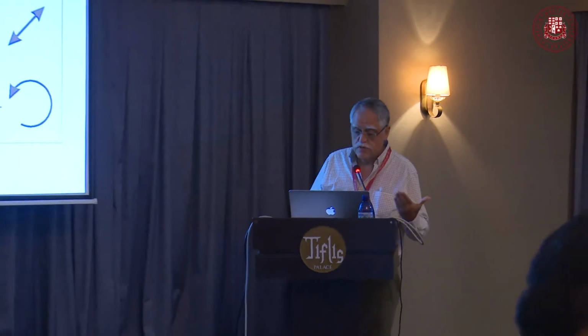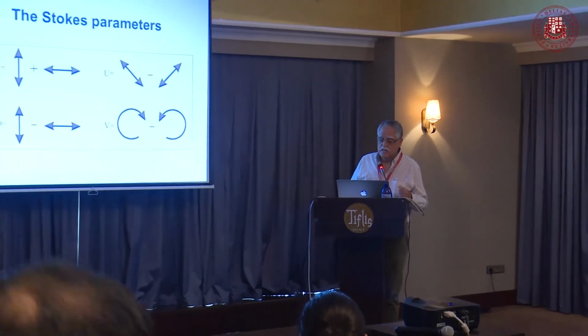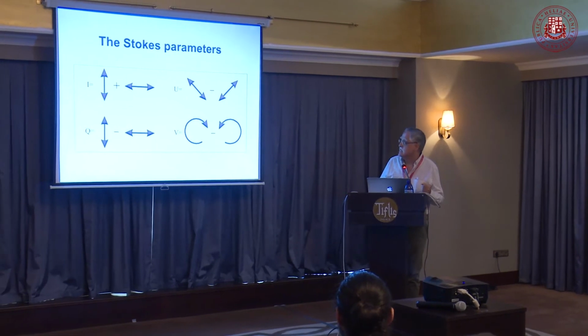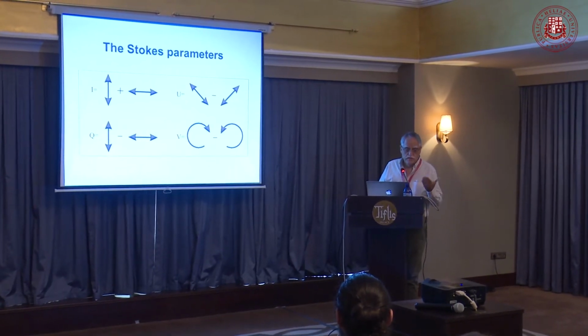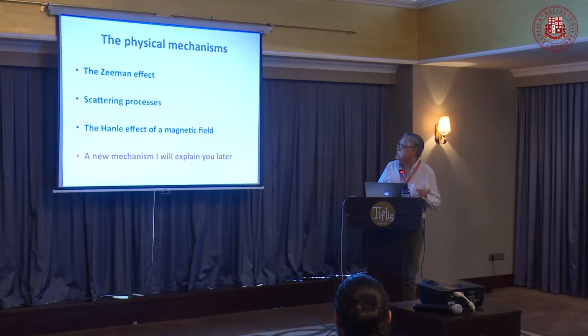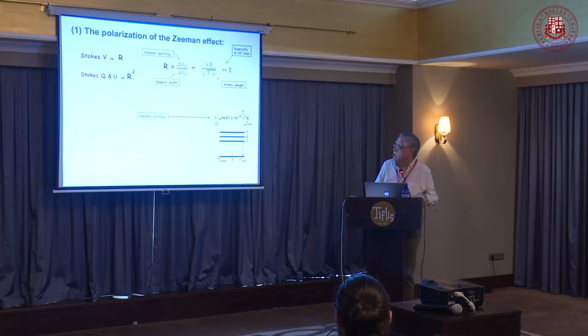So we need to measure linear and circular polarization in addition to intensity, and to observe and interpret the observation. The physical mechanisms that control the polarization of ultraviolet spectral lines are these ones. Very quickly, I will go through them.